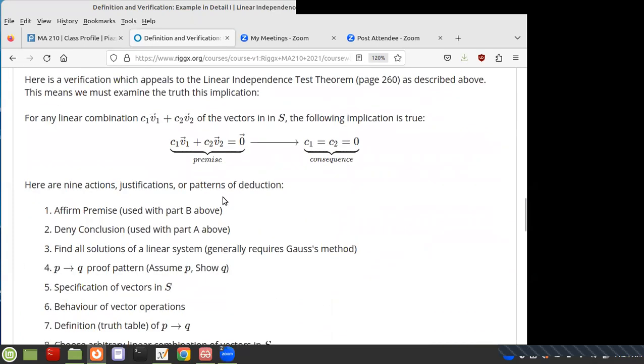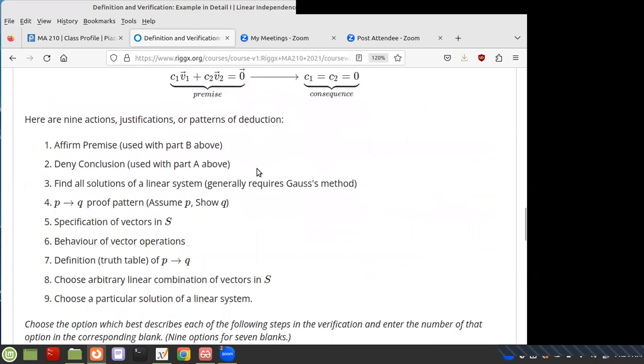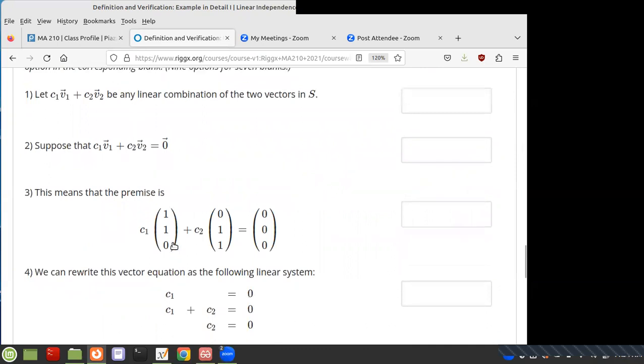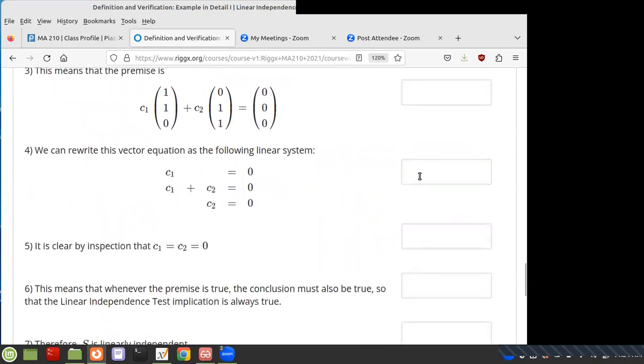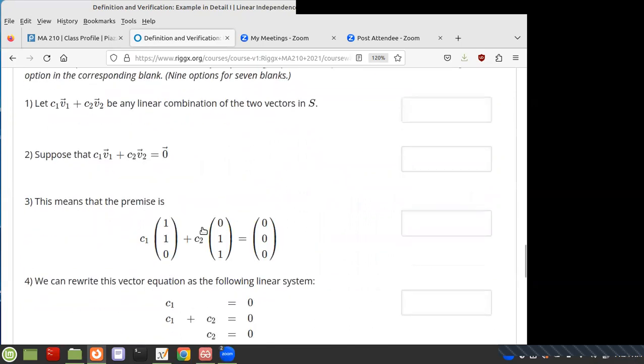So the problem is, I give you a set of vectors and go through the argument, and here's a lot of steps, and then write out the solution set here, and you're supposed to write in here one of these justifications for each step.